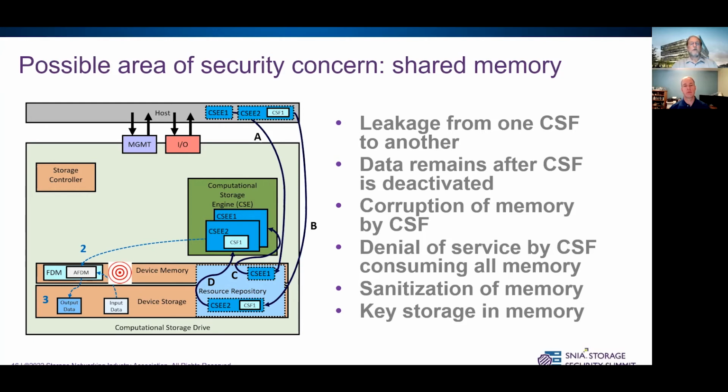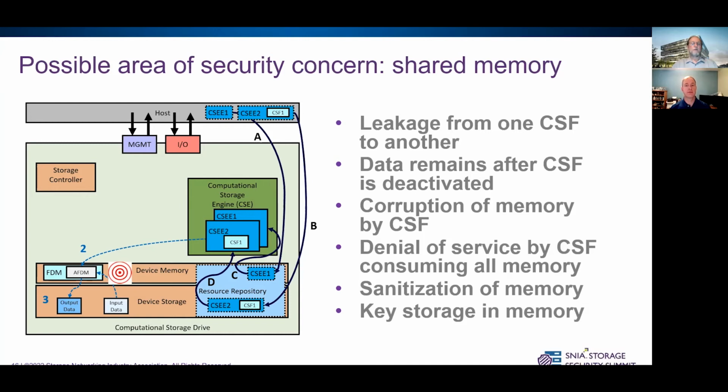The next area is what about corruption of memory by the CSF? Again, if you have a rogue CSF or a broken CSF or any sort of issue with your CSF, you have the ability to corrupt the memory.